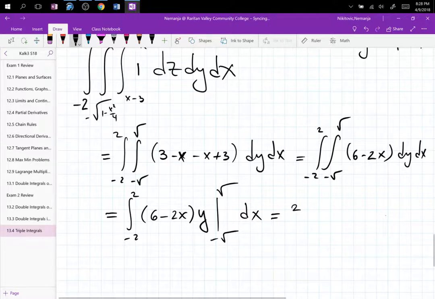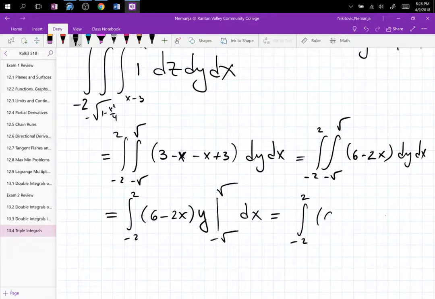So I get 2 times the integral from negative 2 to 2 of 6 minus 2x, and instead of y, I have the top minus the bottom, which is 2 of those, so 2 times the square root of 1 minus x squared over 4 dx.